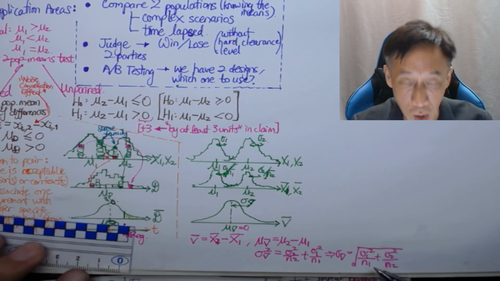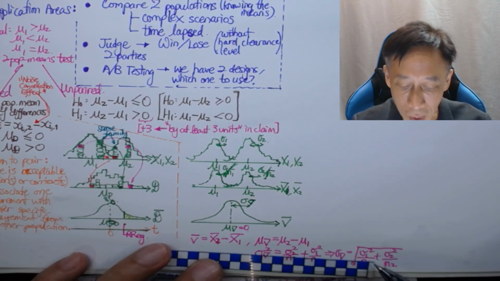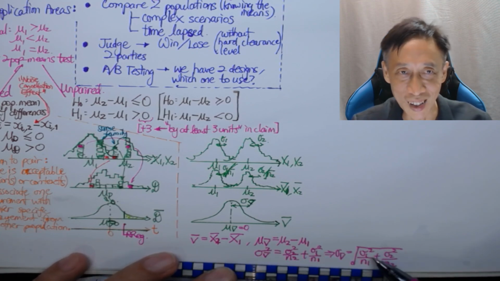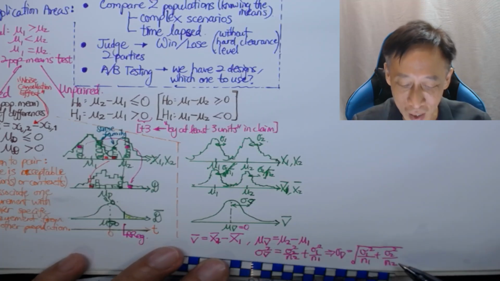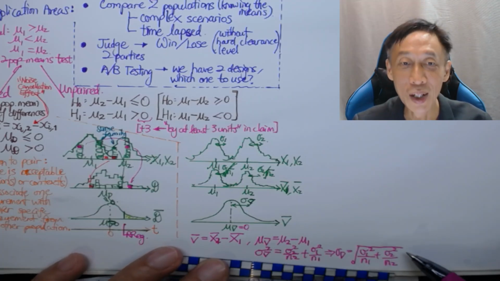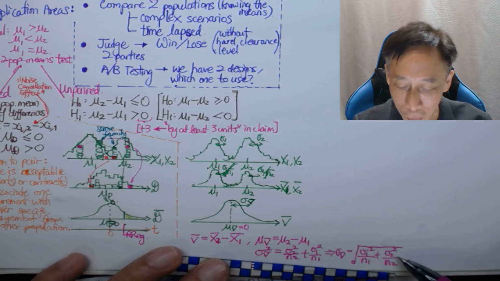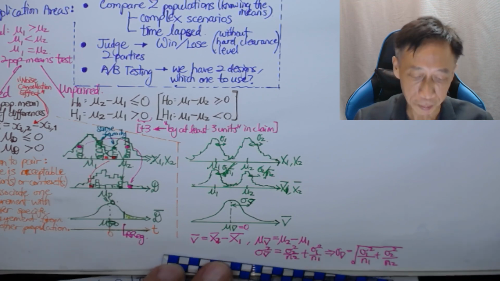But if we use sample, then the point estimation comes in. Algebra wise, we replace sigma 1 square with s1 square, sigma 2 square with s2 square. But statistically, we say sigma 1 square is point estimated with s1 square, sigma 2 square is point estimated with s2 square.